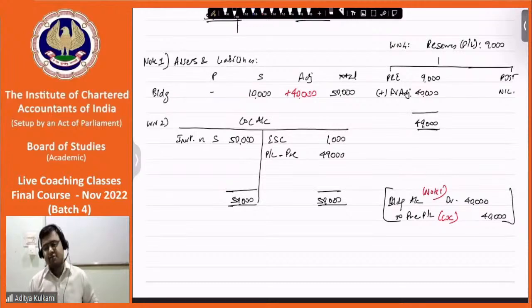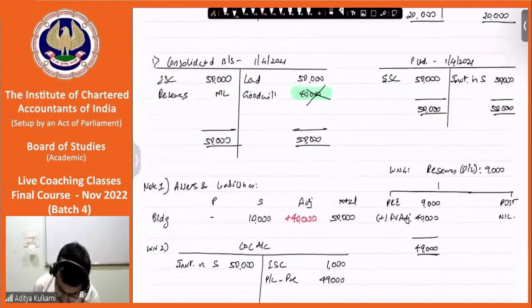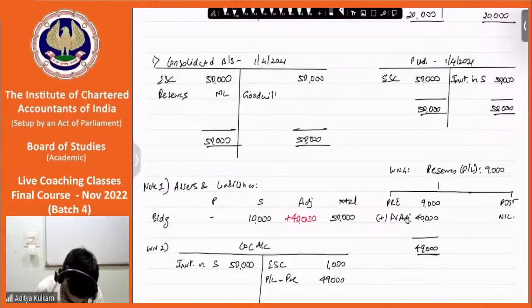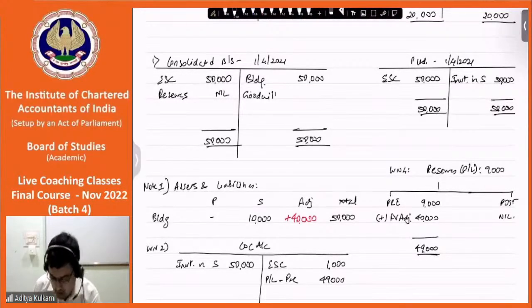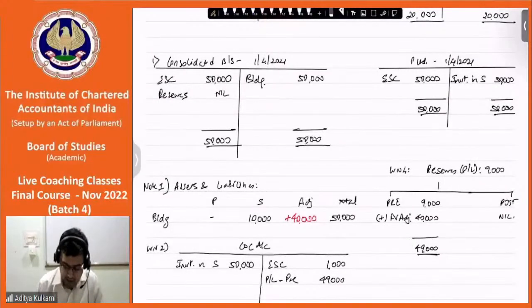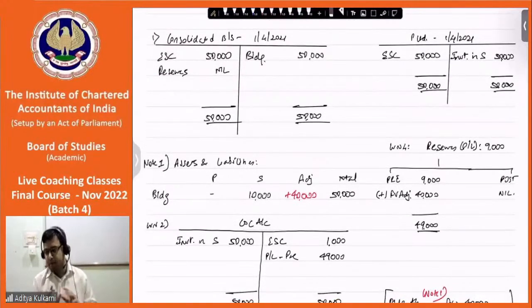And ultimately this is what is going to be your balance sheet. Okay? So is there anything wrong in this balance sheet? 1st April 2021 is 50,000. So is there anything wrong in this or is it correct?